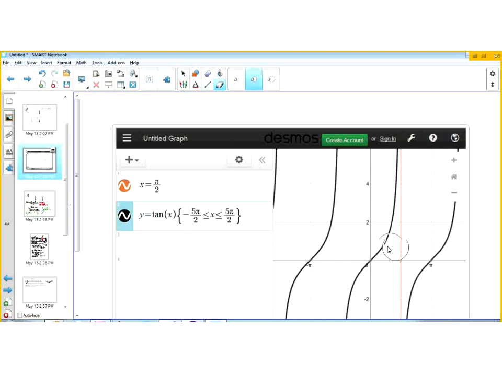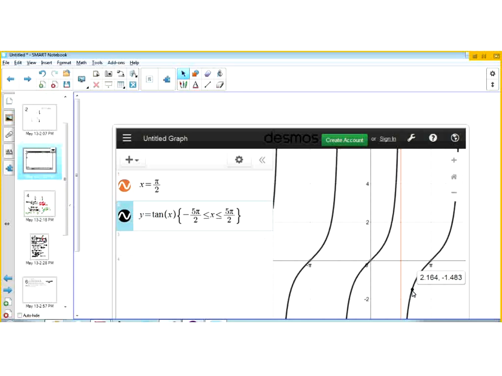As we approach pi halves, which is the orange line, from the left, look what happens to our output. The output zooms up toward infinity. And as we approach pi halves from numbers bigger than pi halves, the output falls toward minus infinity.